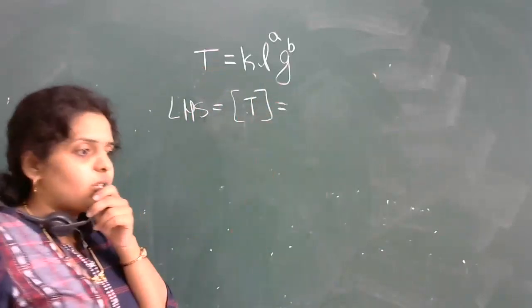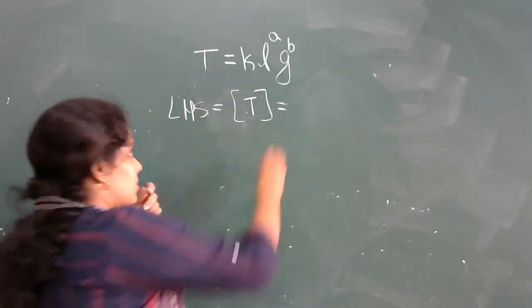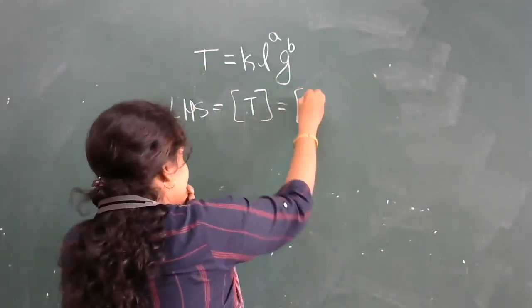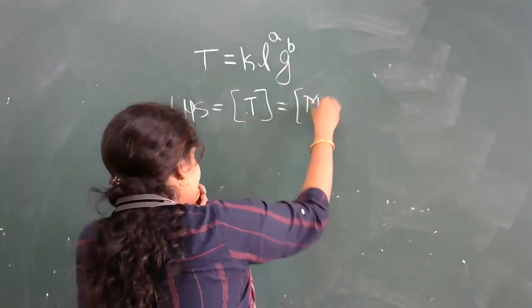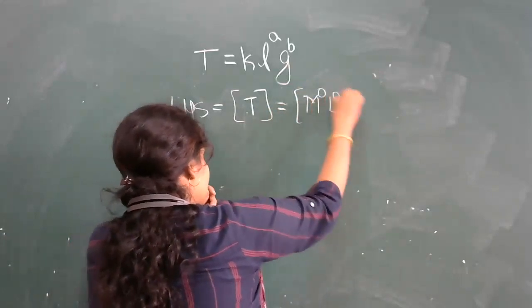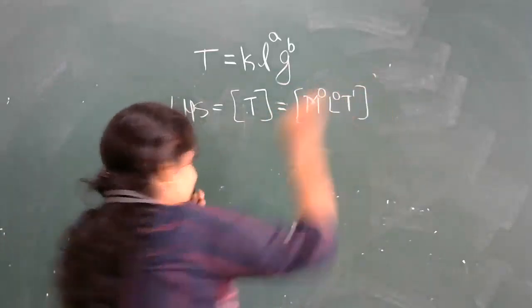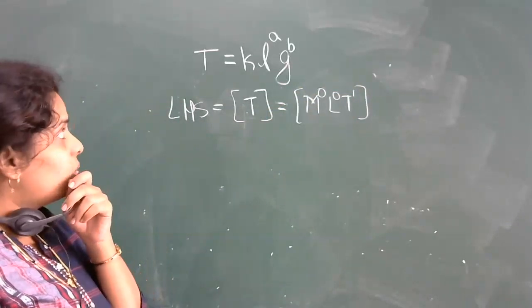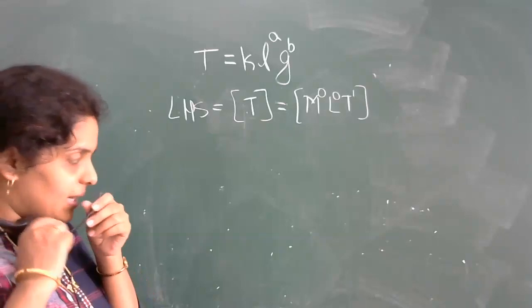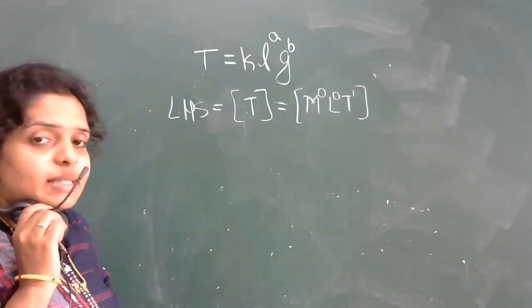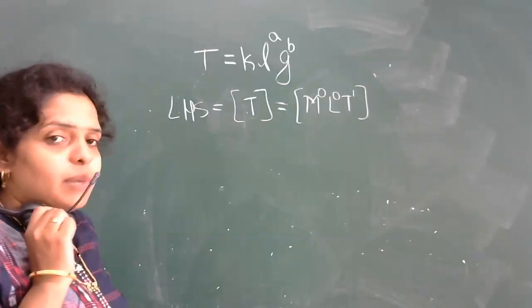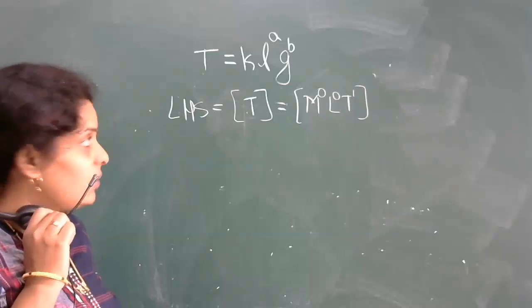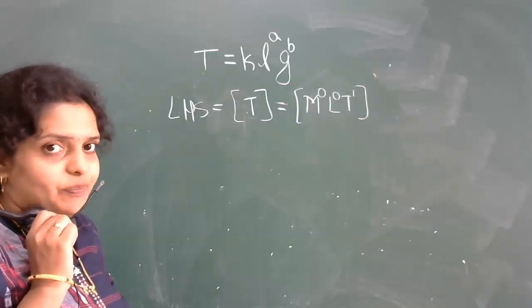What is the dimension formula of this T? Dimension formula of T, it is only time period, so it will become M raised to 0, L raised to 0, T raised to 1. Is it correct, everyone? So LHS is the time period T, having dimensions M raised to 0, L raised to 0 and T raised to 1.